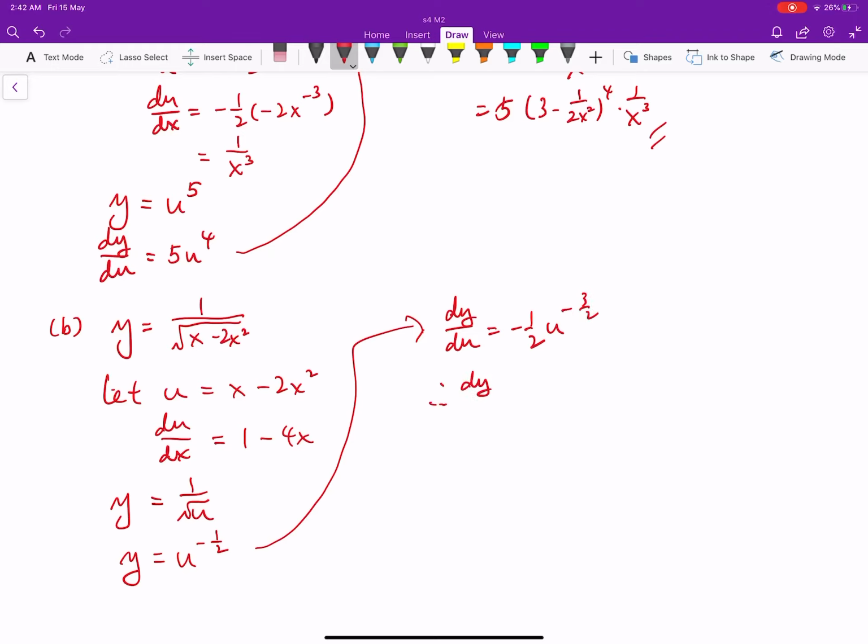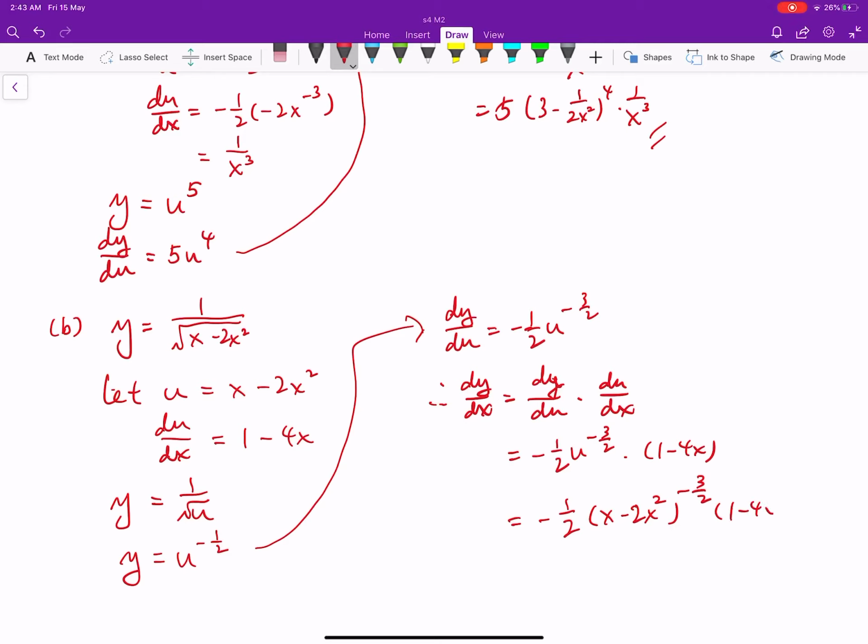Afterwards we can get the answer: dy/du times du/dx, where du/dx is 1 minus 4x. So we just simply get u, and then we put it back as x minus 2x squared. Okay, get it? It's just simply like this.